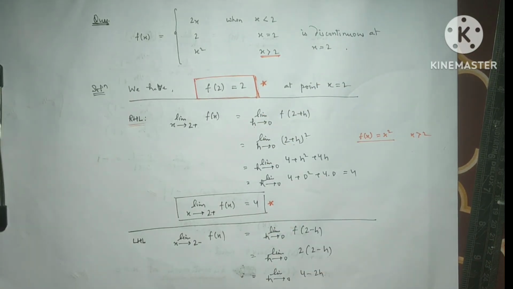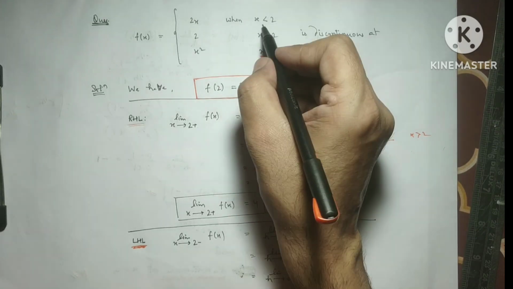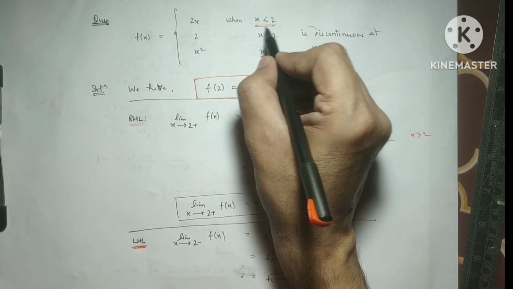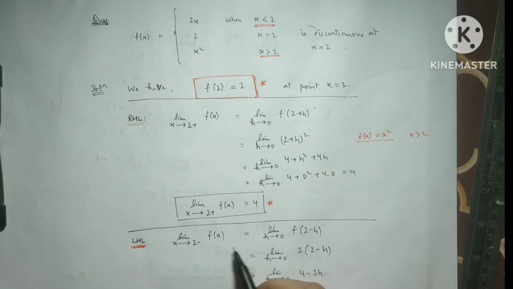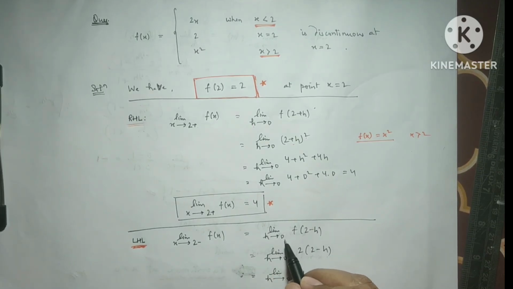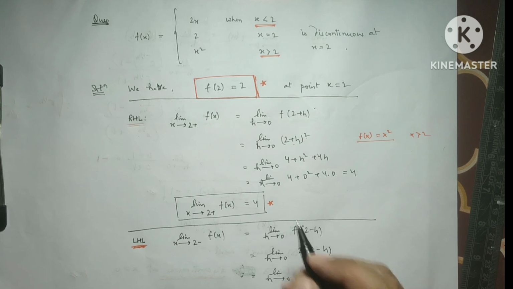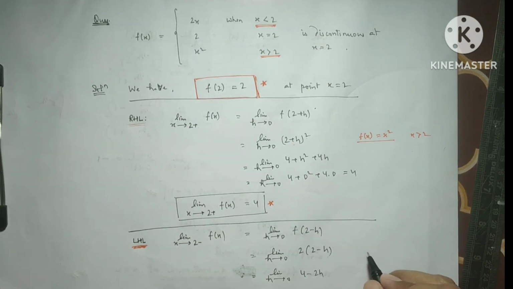but the value of the function at the point is 2. Now we go for the left hand limit. So limit x tends to 2 minus, means x less than 2. Limit h tends to 0, f(2 minus h). Right now we will use this definition.